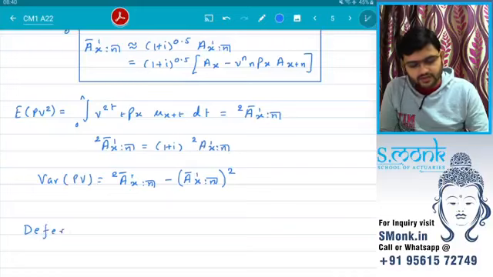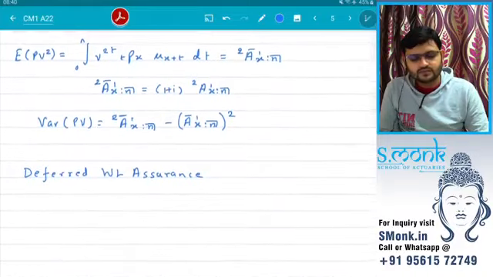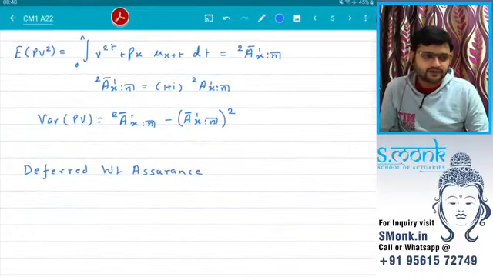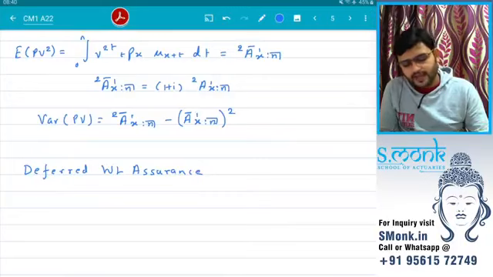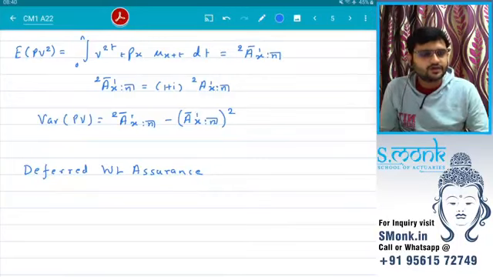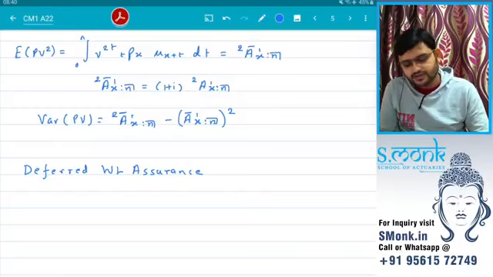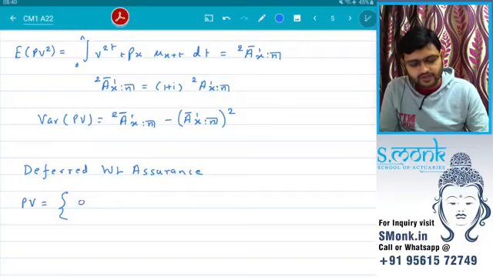Let's talk about deferred whole life. When we talk about deferred whole life, we know that it is starting after a certain number of years. So for deferred whole life, our present value becomes 0 when Tx is less than n, and v raised to Tx when Tx is greater than or equal to n.